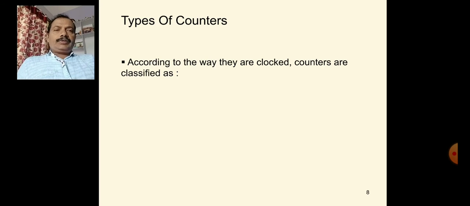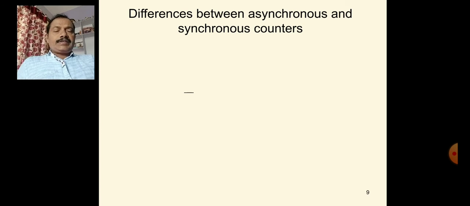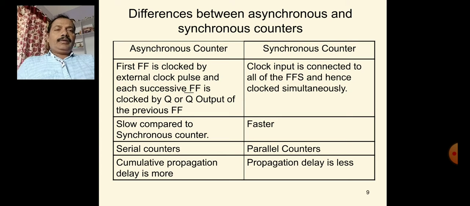So now let us see the types. Asynchronous counters, these are also called ripple counters. Synchronous counters. And let us consider the differences between asynchronous and synchronous counters. So in asynchronous, the first flip-flop is clocked by the external clock pulse, and each succeeding flip-flop is clocked by the Q output of the previous flip-flop.